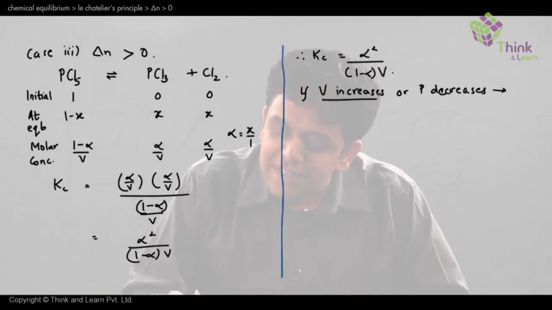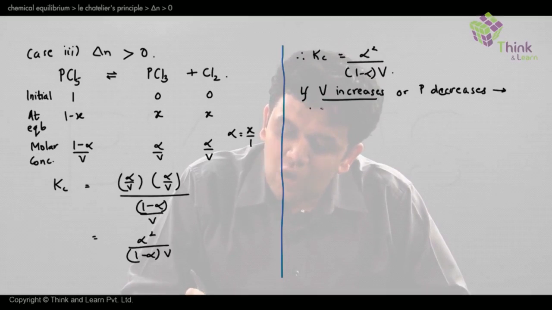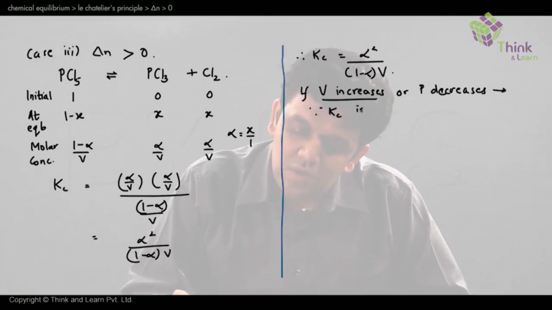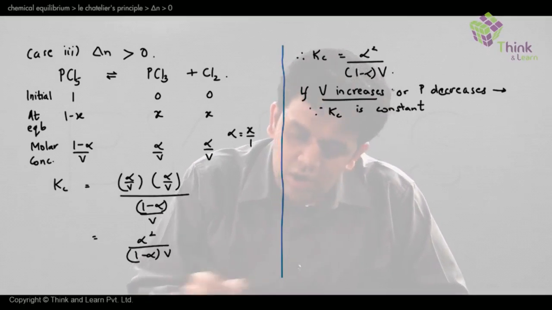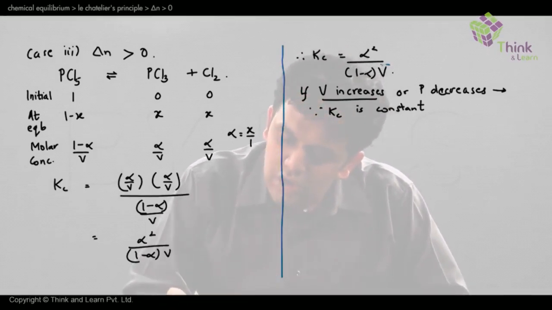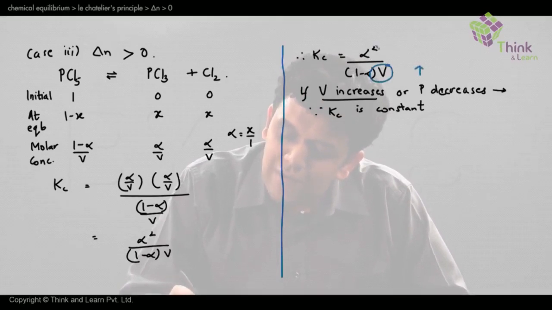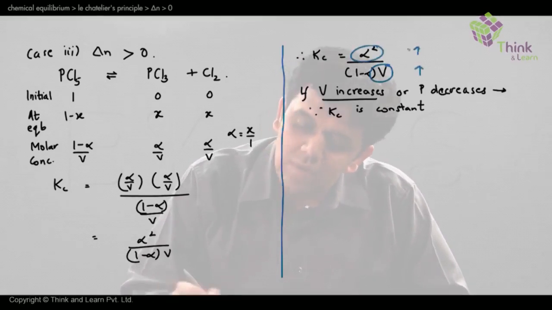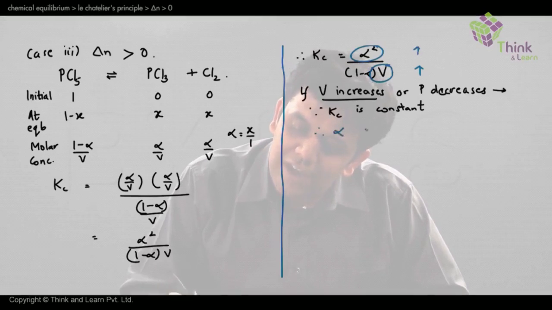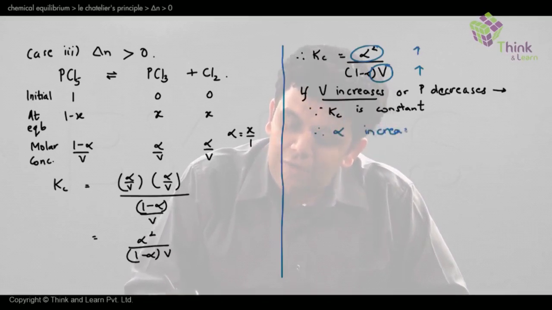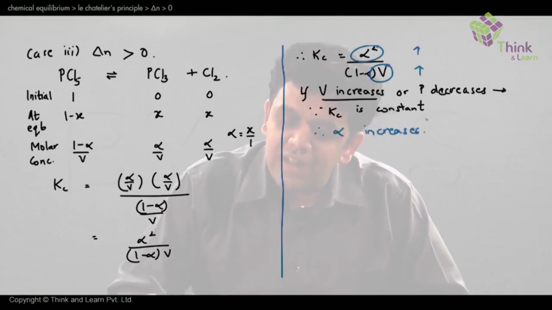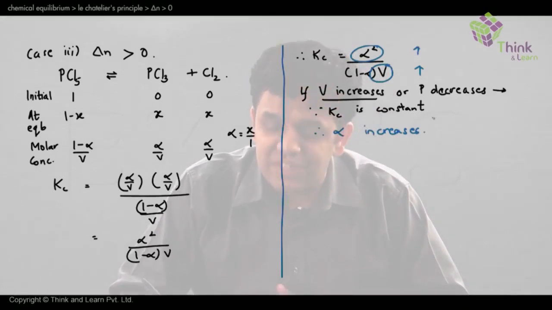If volume increases, since Kc is constant, your denominator has increased, so alpha will have to increase as well. So therefore alpha increases. Now if alpha has increased, then the degree of dissociation has increased.